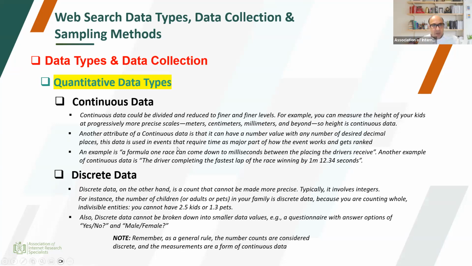For instance, number counts like 1 meter or one child would be discrete data mixed with continuous data that will talk about the height of a child, say in meters and centimeters. So usually they work hand in hand, but they need to be identified and separated.